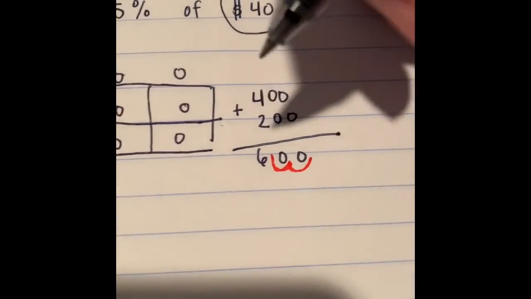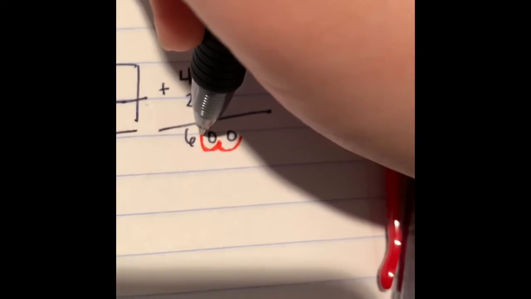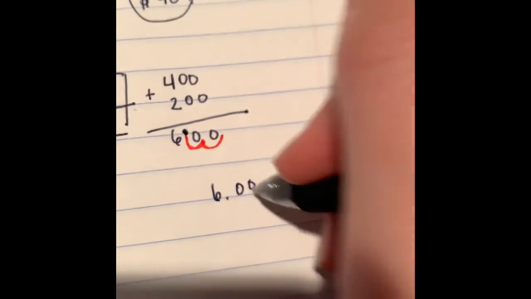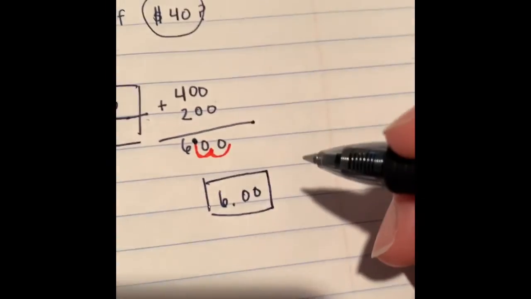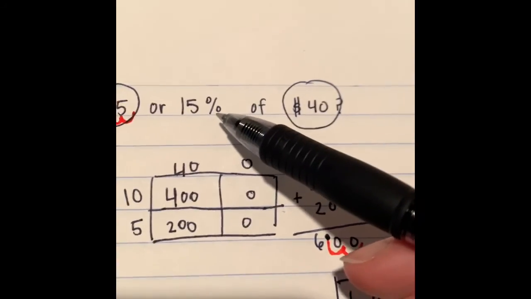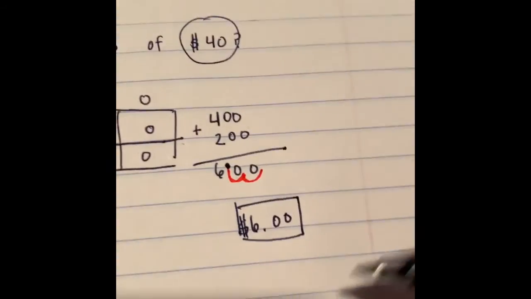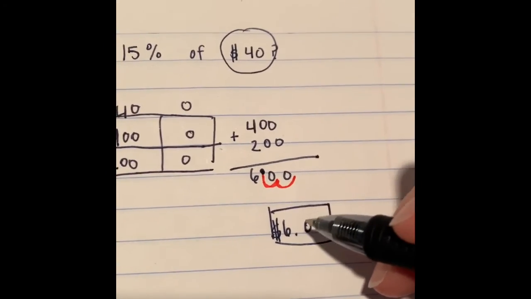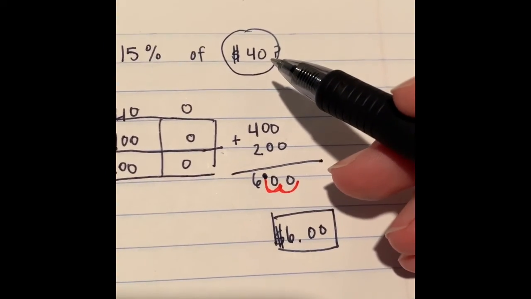Now we can add our decimal right there. And I know it looks a little bit silly, but if we rewrite it, our answer would be $6. And that makes sense, right? Because 15% of $40 should be $6. So that means you're going to be saving $6 on your pair of shoes.